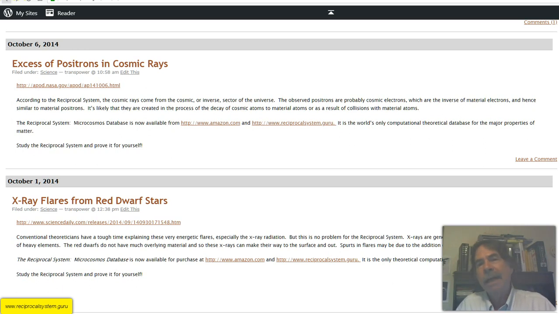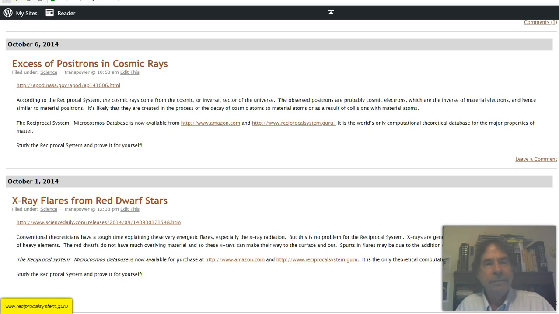Now, if you want to apply the reciprocal system to your engineering or scientific practice, you can obtain the two database modules I've created. The first is the Microcosmos module, which covers photons, subatoms, atoms, compounds, and alloys. All the properties of matter are calculated from theory alone. This is totally unlike quantum mechanics, which is nonsense.